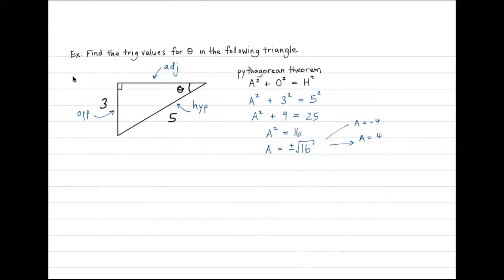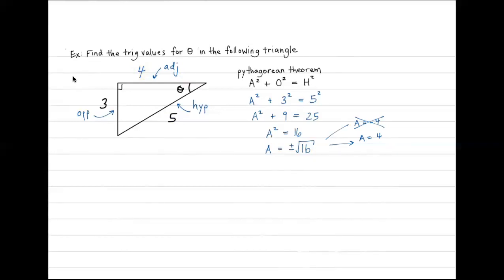But because we're dealing with side lengths in a triangle, I'm only going to take the positive one. I just want to be really purposeful about that choice. Okay, so we now have our sides. I better label this side here as 4. And now I've definitely labeled all 4 sides.